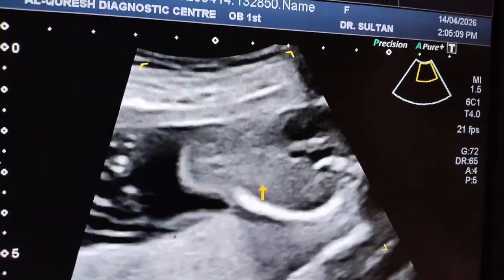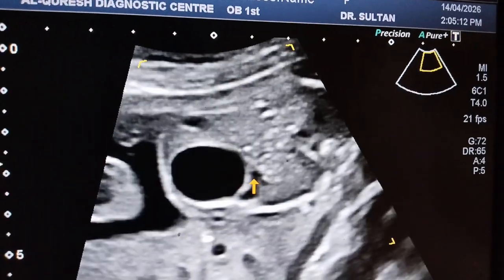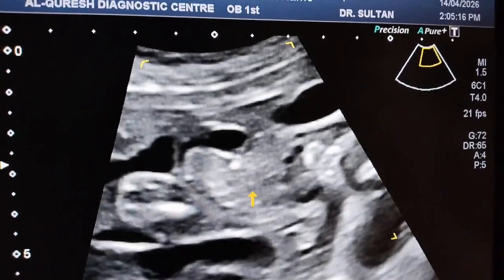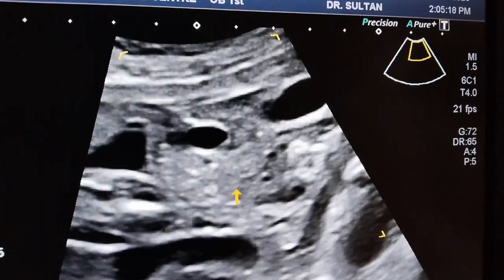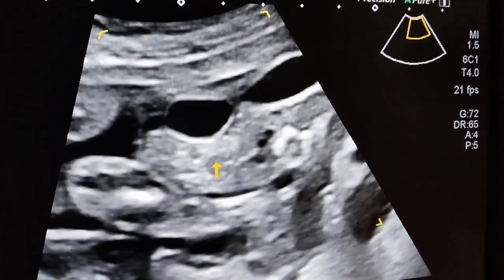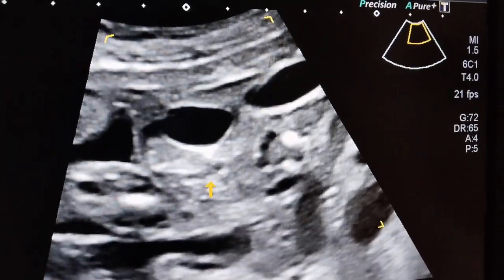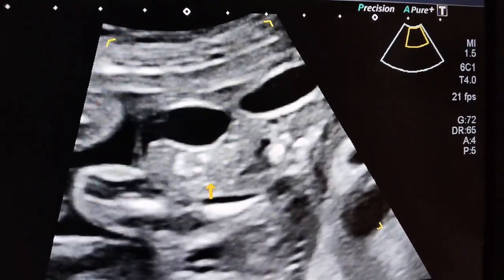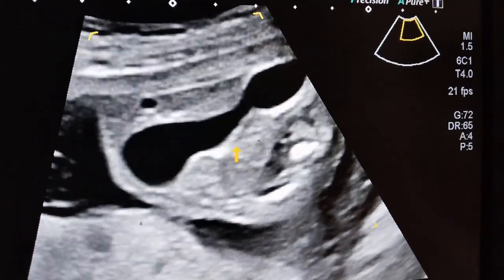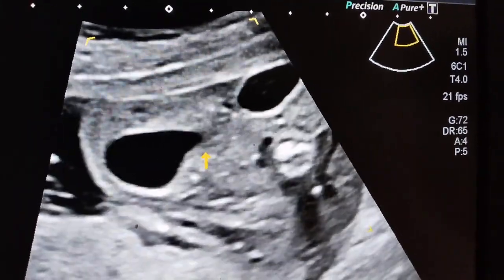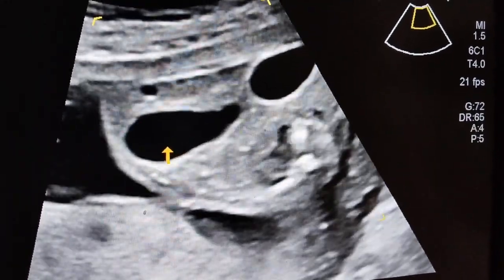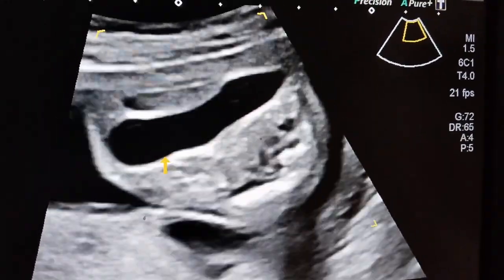So two findings we have seen. One is the herniation of the liver from the right side due to the defect at the right hemidiaphragm, and other is the dilated stomach and proximal duodenum that are communicating with each other.